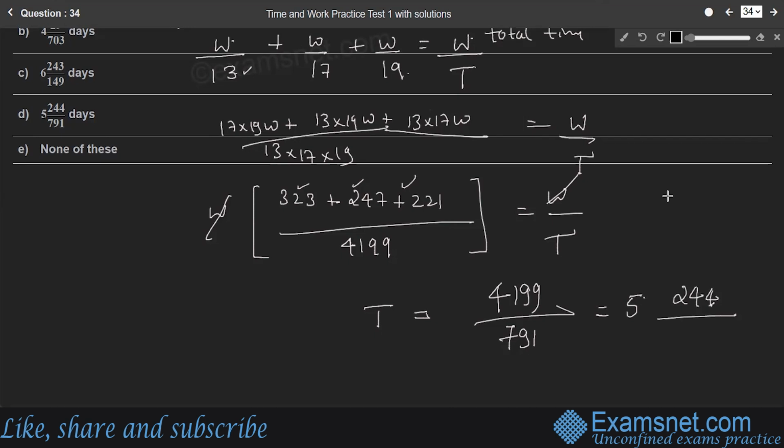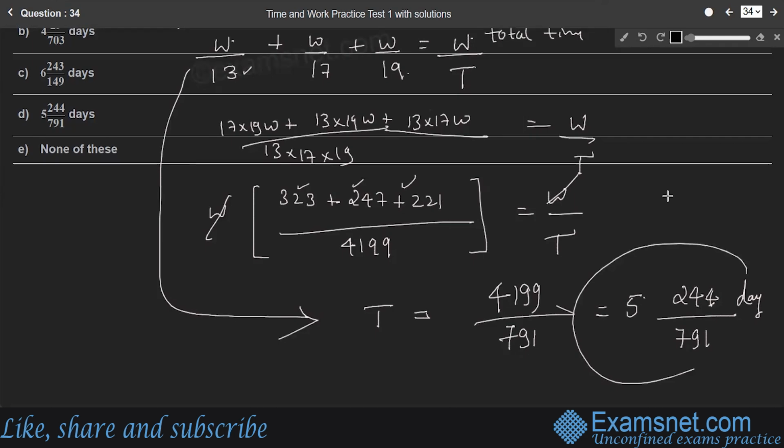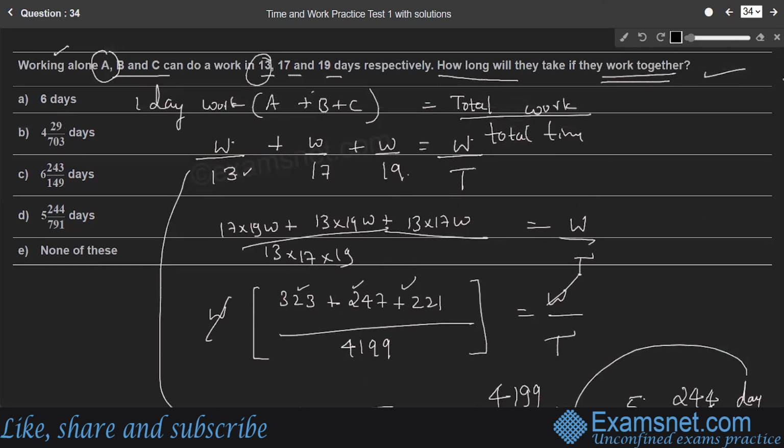So 5 integer 244 by 791 number of days. They work for all A, B and C. If they work together, they work for 5 integer 244 by 791 days to complete the whole work, total work W, right? So get the options. Option D is the right answer.